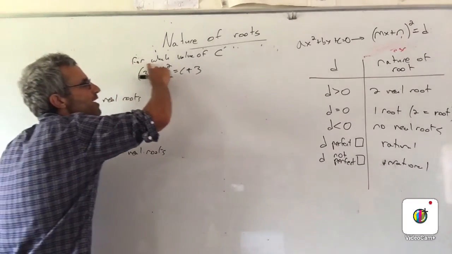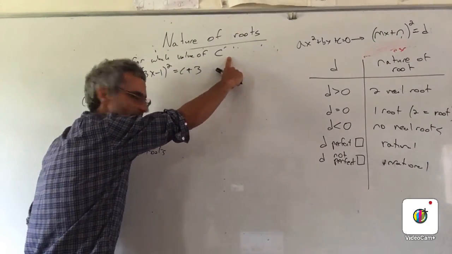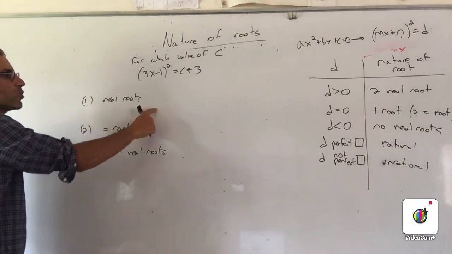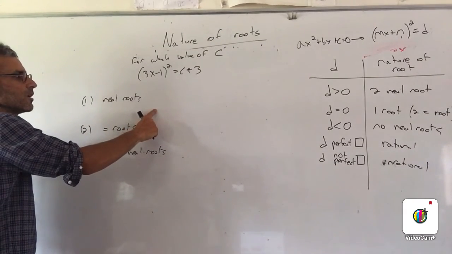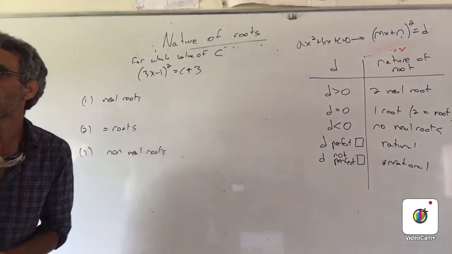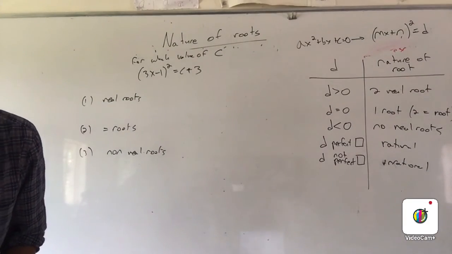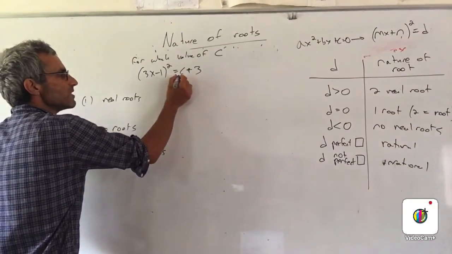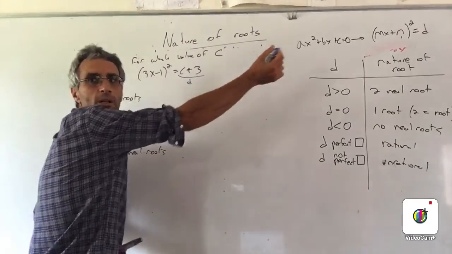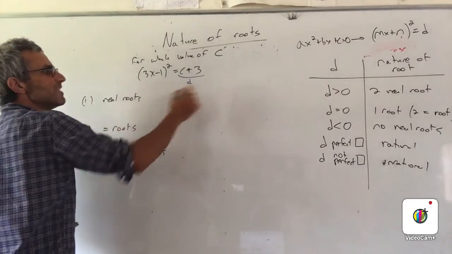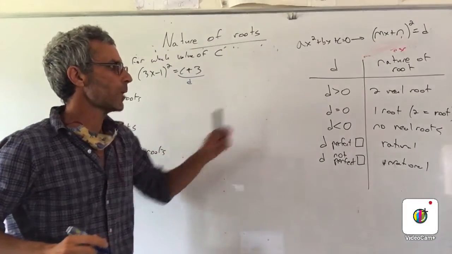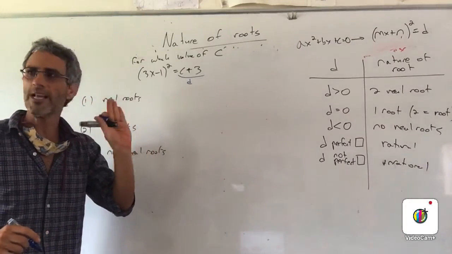So I don't know what C is, but that's not the question. The question is, for which values of C do we have real roots? That's going to give me some kind of condition on C. This is my D, right? To have real roots, what does D have to be? Larger than 0. Okay, I need to make it more clear.